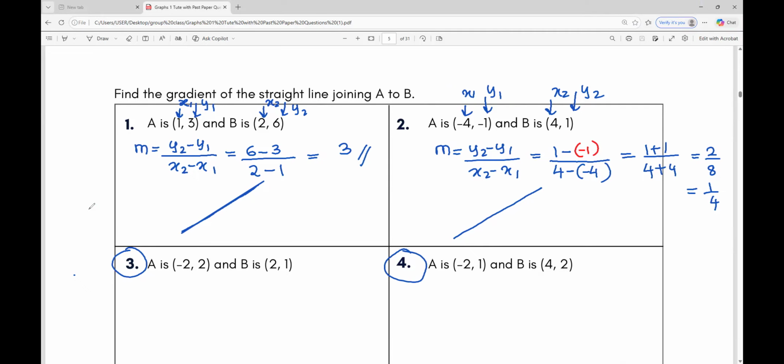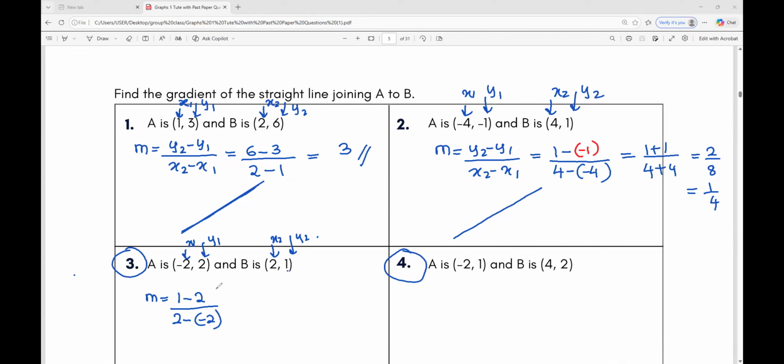Third one. This is the first point. This is the second point. Gradient is equal to the difference of y coordinates. y2 is 1. This is 1 over 0? We'll see. 1 minus 2 over x2, which is 2, minus (-2).